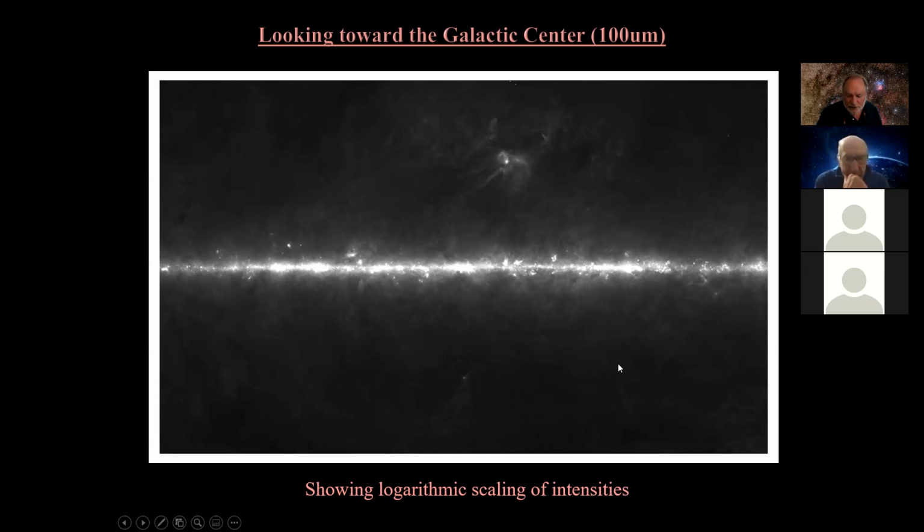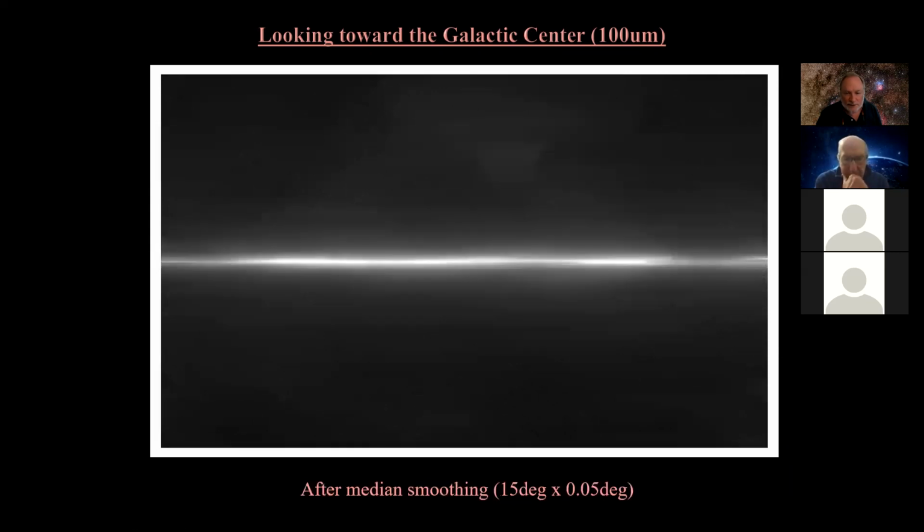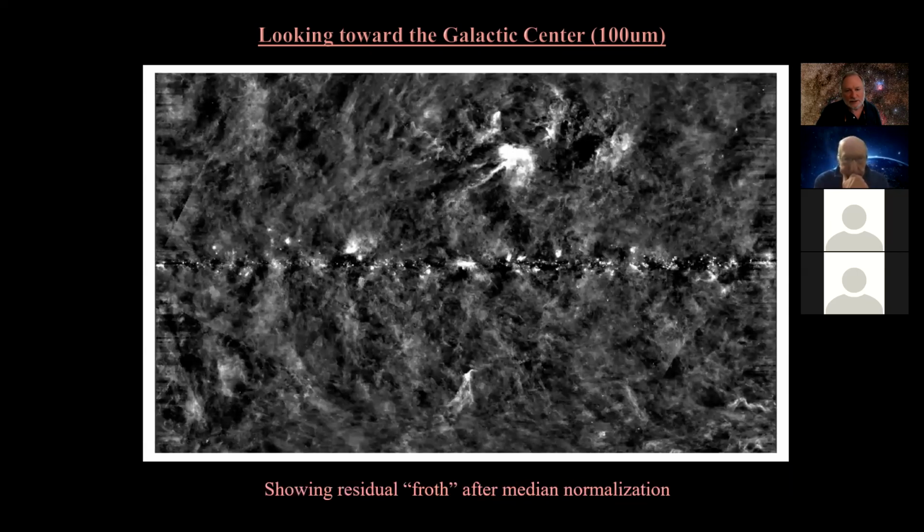But there's a trick you can do. And this is what we did: we smoothed the emission in longitude, but not in latitude. And then we took this image and divided it into the original image. And what you get are the residuals, the relative enhancements of infrared emission.